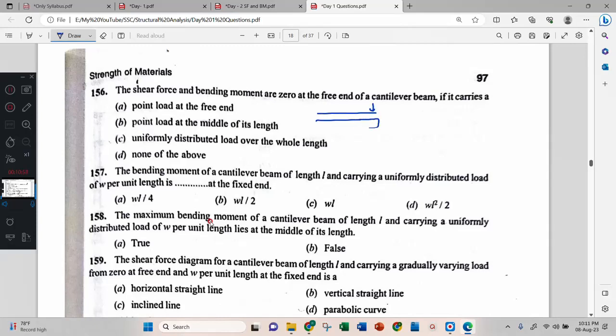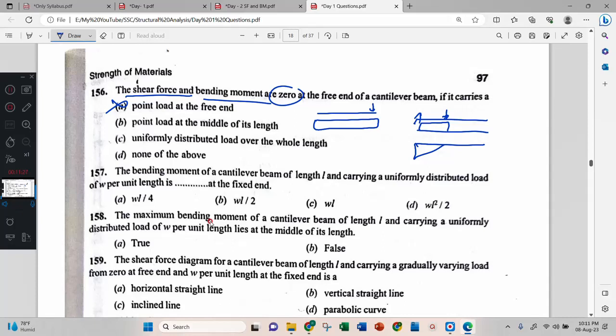No. With a point load at the free end, the shear force diagram comes like this, but the question says both shear force and bending moment should be 0. One option is wrong. Point load at the middle of its length: the shear force diagram comes like this, and the bending moment diagram comes like this.